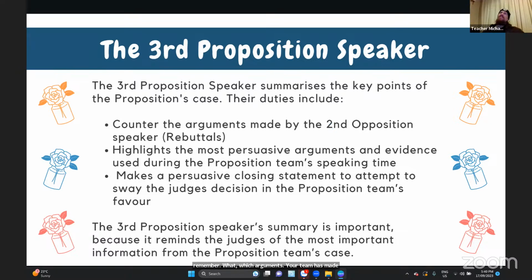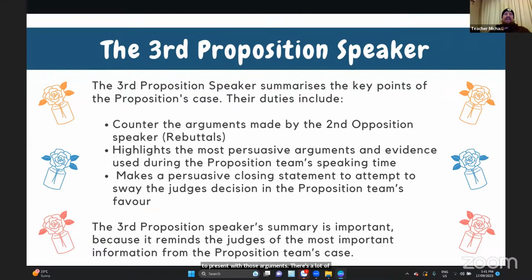Because if you think about it, each debate, you've got roughly anywhere between about 4 to 8 arguments being presented. And you times that by 2 for the 2 teams. You've got 16 arguments. Then you double that with all of the evidence you need to present with those arguments. There's a lot of information there for the judges to remember.